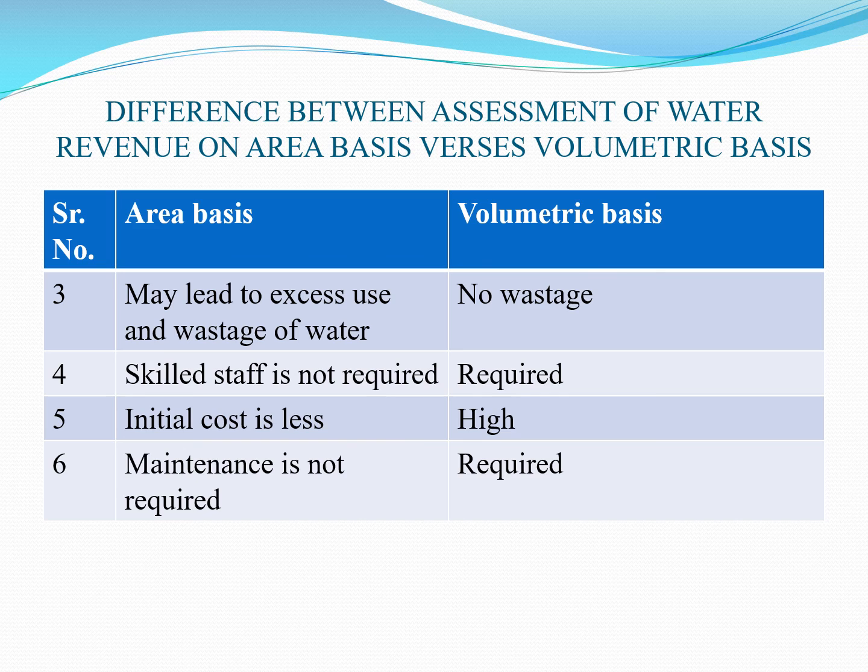In volumetric basis the initial cost is high due to the installation of water measuring instruments or water meters. And the last point is maintenance. In area basis, maintenance is not required, and in volumetric basis, frequent maintenance is required to maintain the water measuring devices.